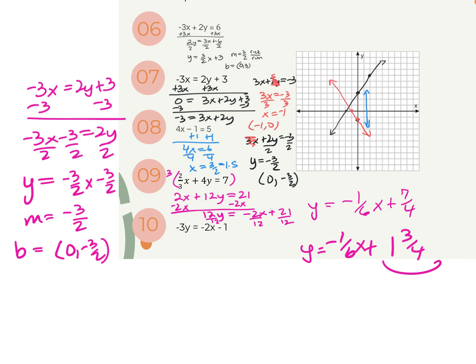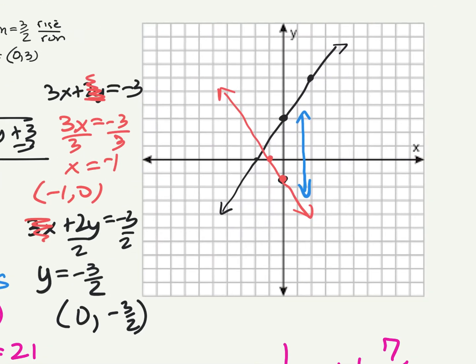So first point is at 1 3/4, so about there. Then from there, because it was a negative slope, I'll go down 1, and then I'm going to run to the right 6. So I can put my second point there and then just connect them.